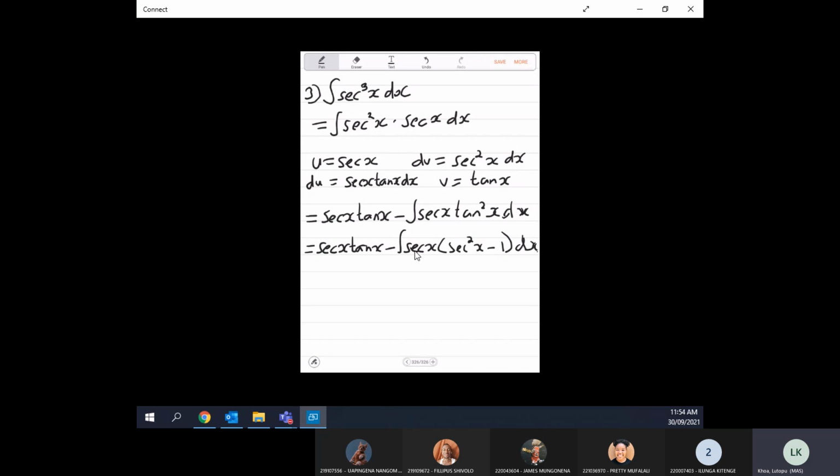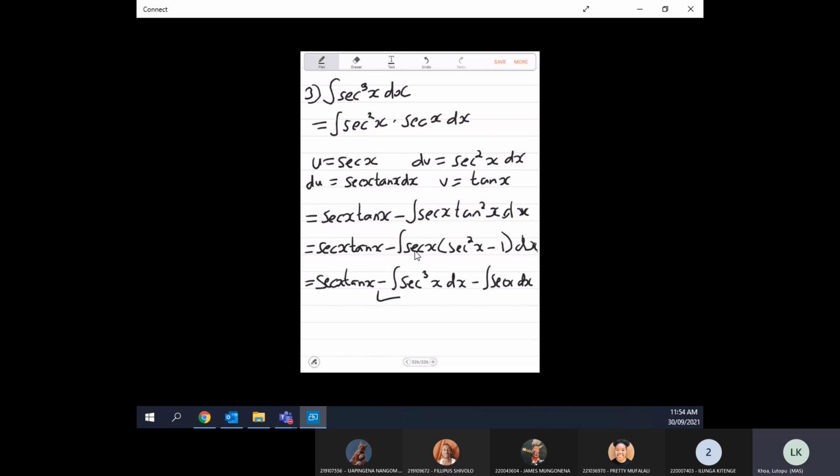And this gives us sec x tan x minus the integral of sec to the power of 3 of x dx, minus the integral of sec x dx.